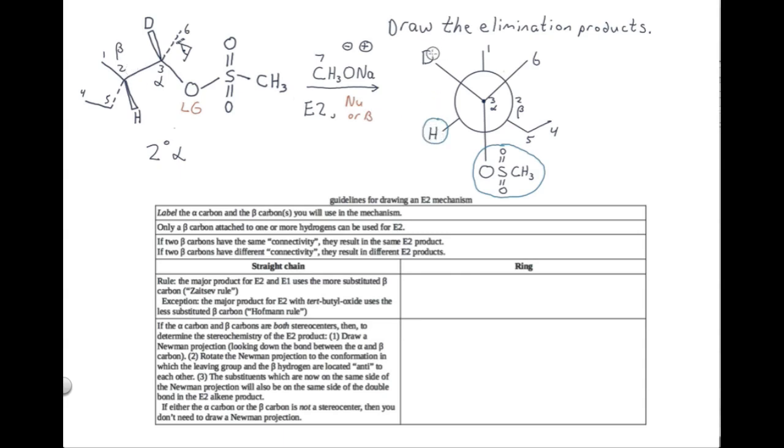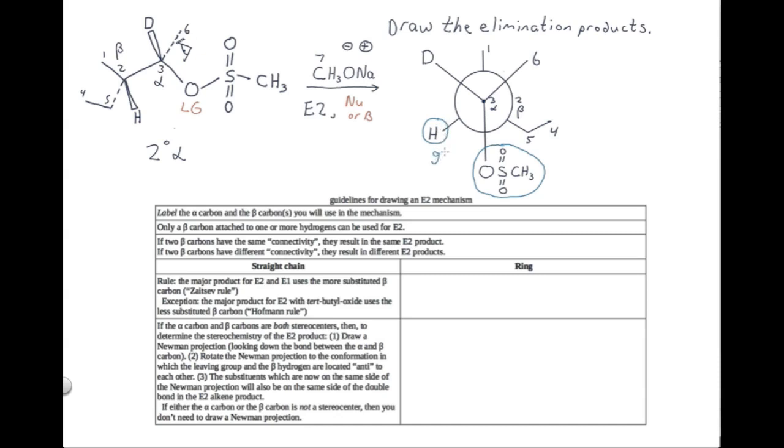A deuterium, remember, is a variation of hydrogen, so a deuterium could theoretically be a beta hydrogen, but not on this problem, because on this problem the deuterium is attached to the alpha carbon, not to the beta carbon. So we won't use the deuterium as the beta hydrogen. Instead, we'll use the ordinary hydrogen that's attached to carbon 2, our beta carbon. That will be our beta hydrogen.